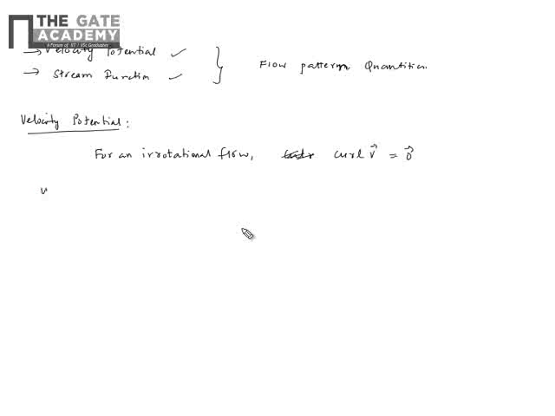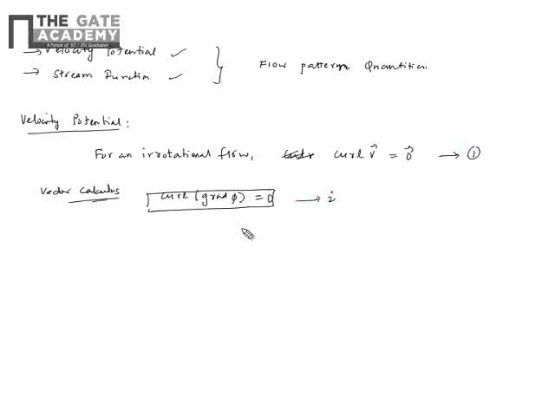Now, from vector calculus we have one important result, which is that the curl of a gradient of a scalar field is 0. This is the definition for irrotational flow.